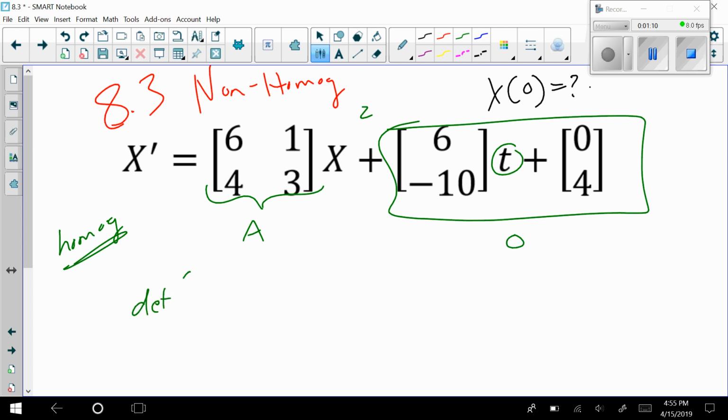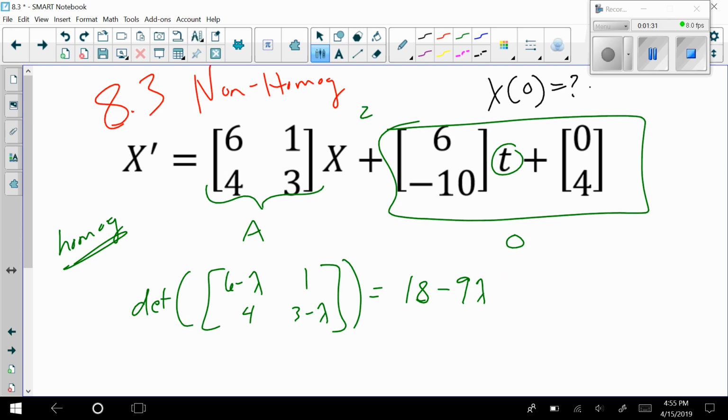determinant of my characteristic equation, which would be 6 minus lambda, a 1, a 4, 3 minus lambda, and that would be 18 minus 9 lambda plus lambda squared minus 4, which then gives me lambda squared minus 9 lambda plus 14.